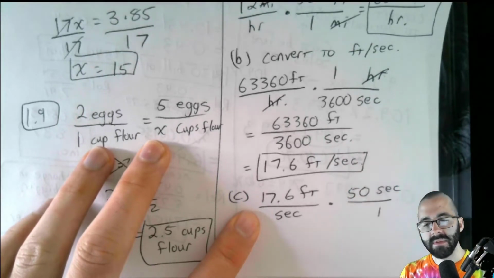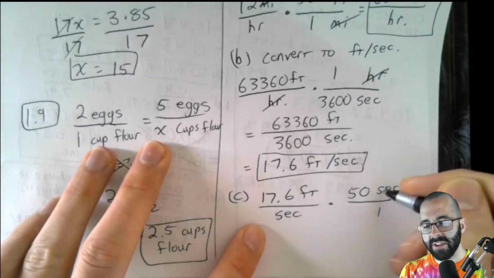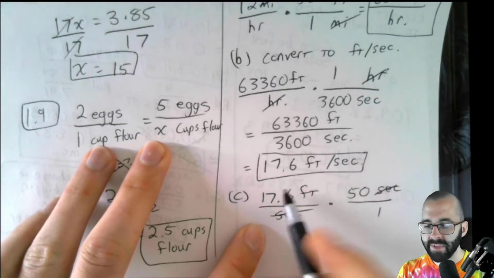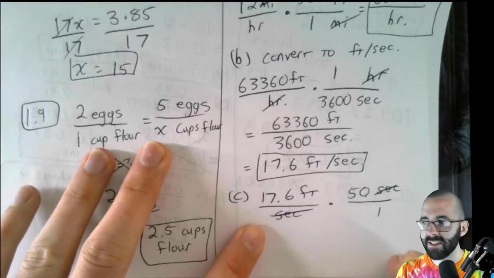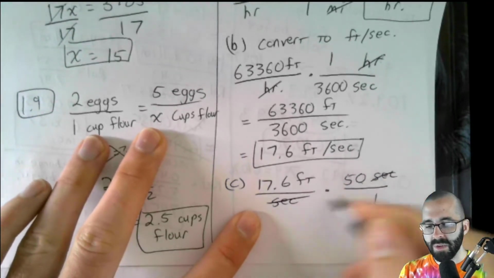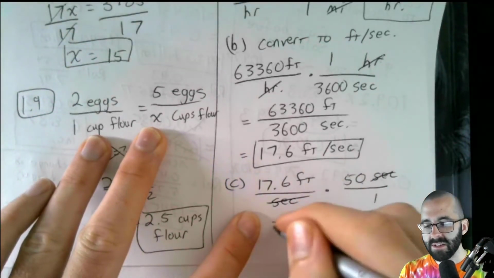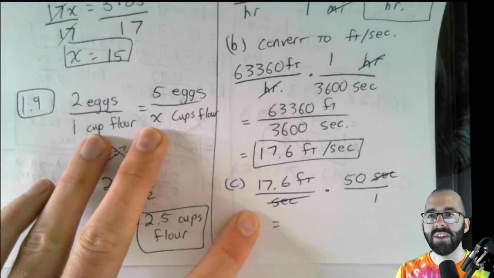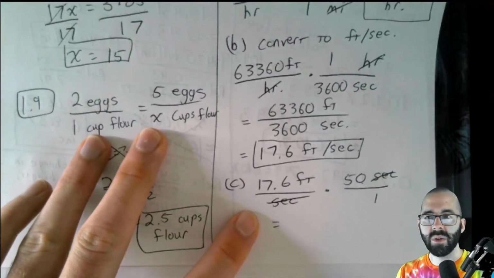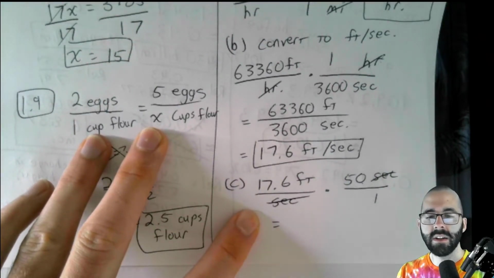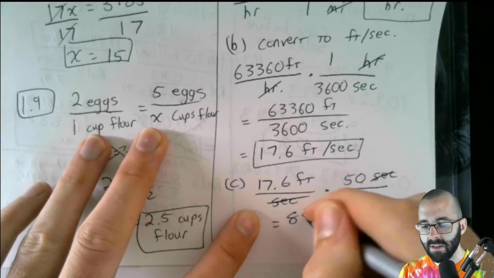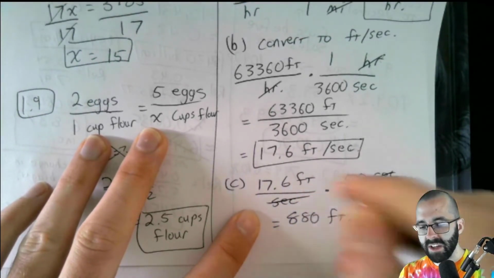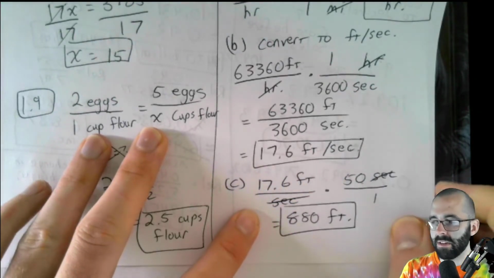Well, the seconds are going to cancel. But again, it's really just multiplying the 17.6 times 50. So we're just left with feet as our units. Multiply 17.6 times 50. And you're going to get 880. That's how many feet we're moving in almost a minute.